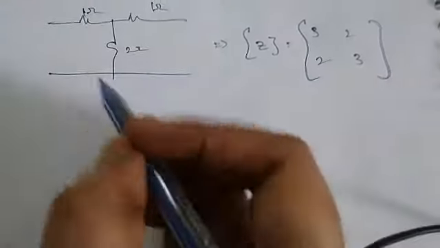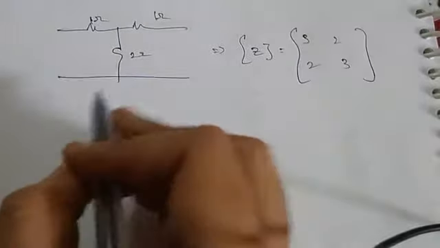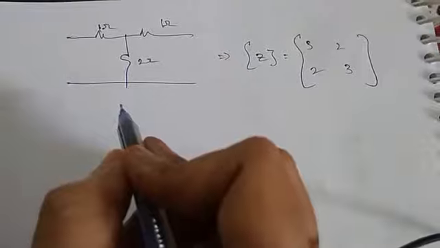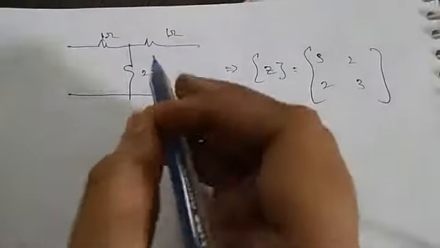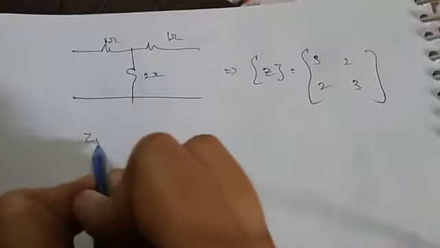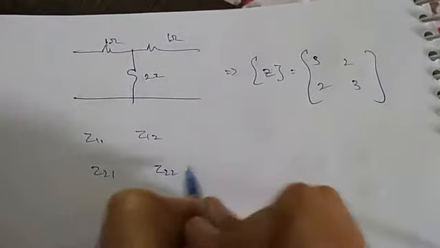But if you get the same question in any competitive exam, don't do this entire KVL derivation. Simply remember Z11, Z12, Z21 and Z22.